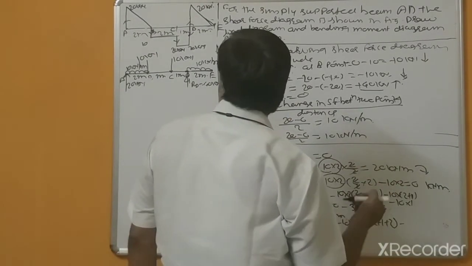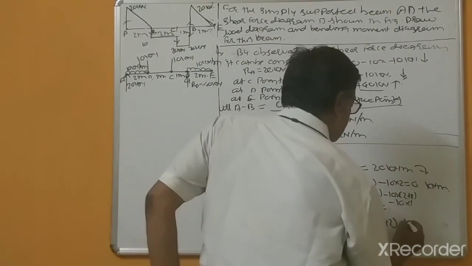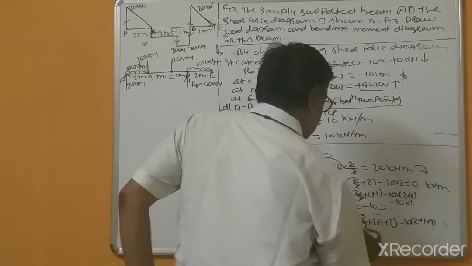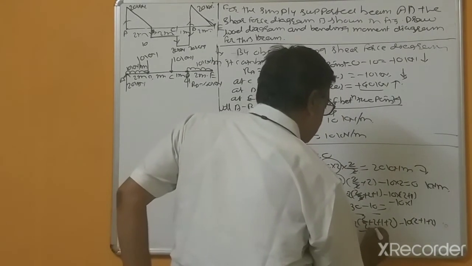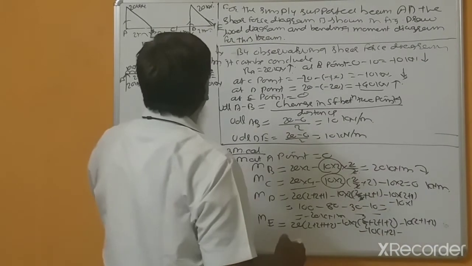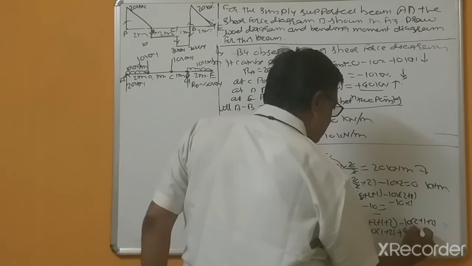Third moment, 10 into 2 plus 1 plus 2. Fourth moment, 10 into 1 plus 2, and this is RD plus 40 into 2.